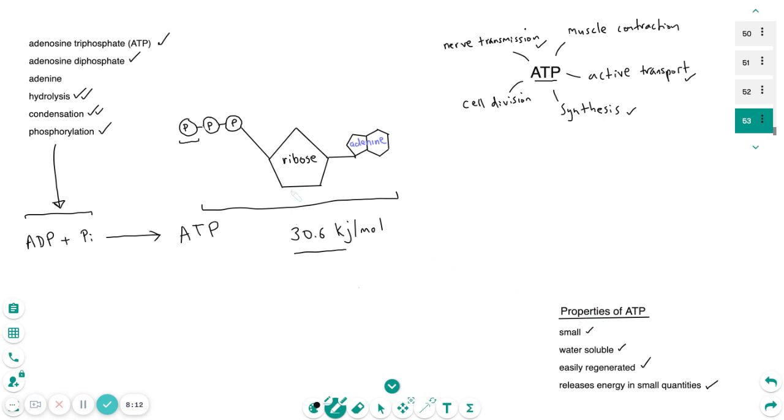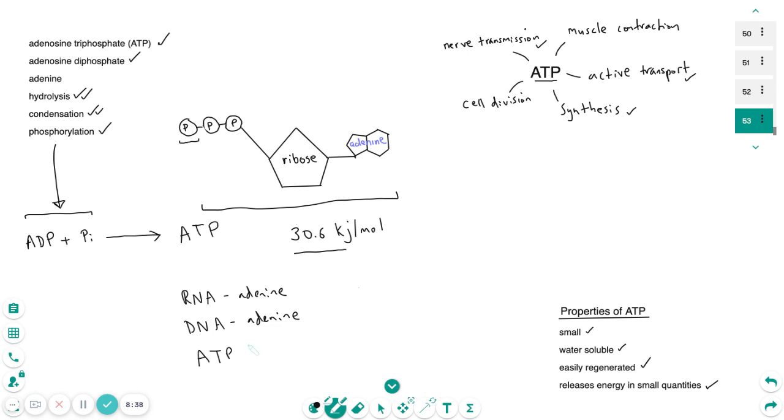One thing to make sure you can do: would you be able to draw an RNA nucleotide of adenine? Would you be able to draw a DNA nucleotide of adenine? And are you able to draw ATP? They're all really similar.